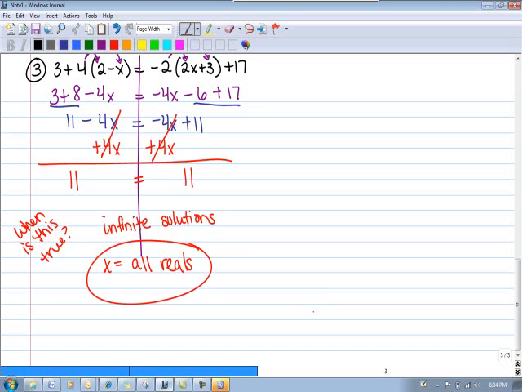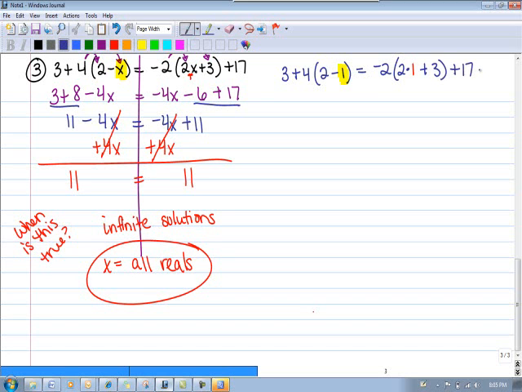So let's pick a random number and put it back into problem number 3. I'm going to pick 1. So I have 3 plus 4 times 2 minus 1. So for x, I put 1. And I have to do the same thing on the right-hand side. Equals negative 2 times, instead of writing x, I'm going to write 1, plus 3, plus 17.